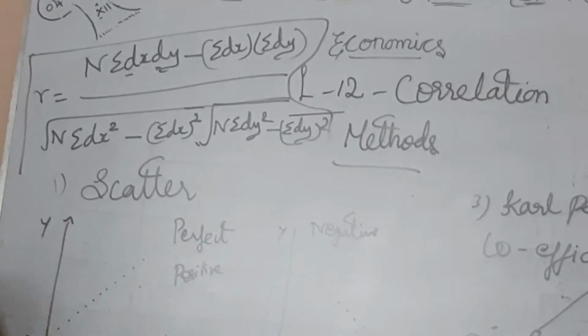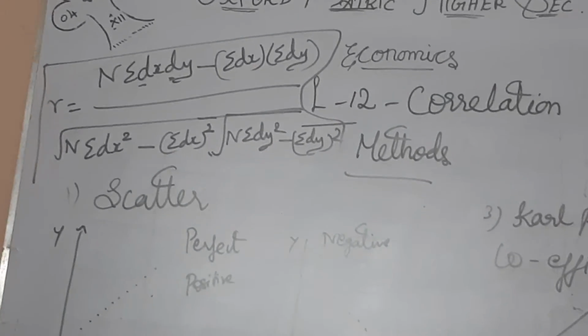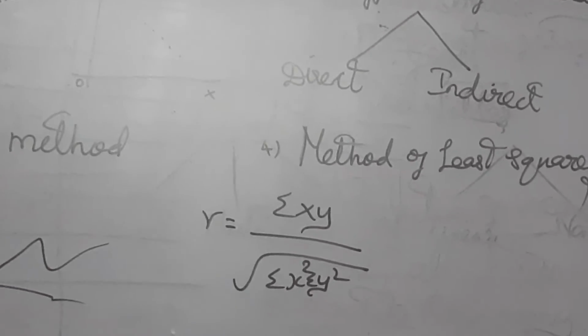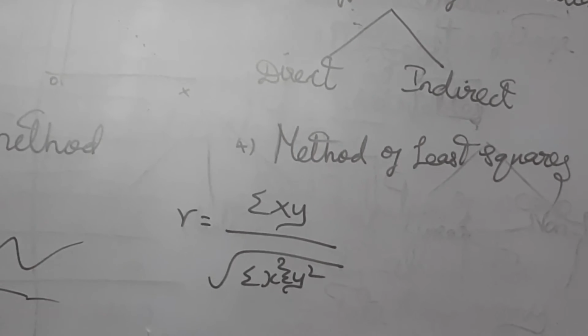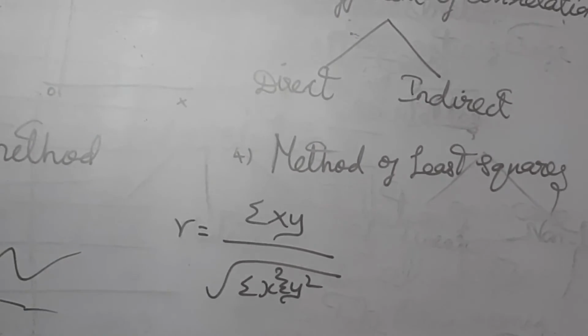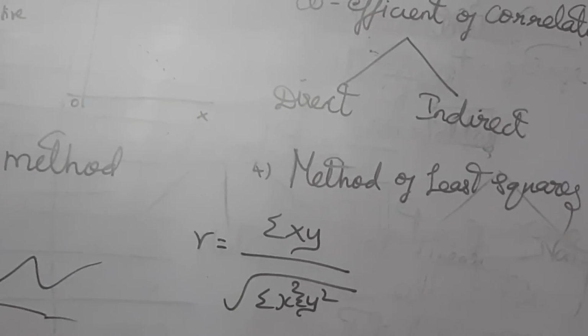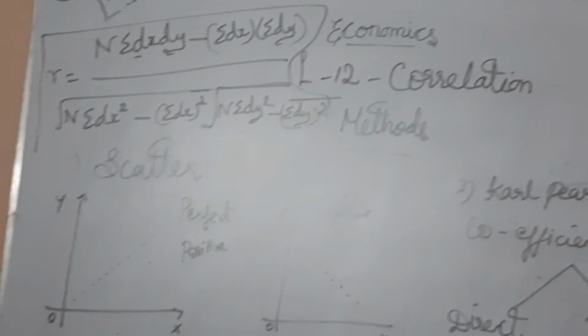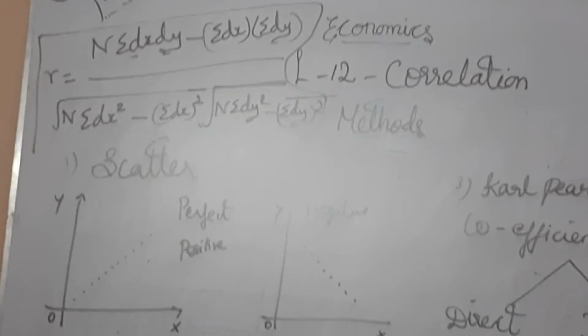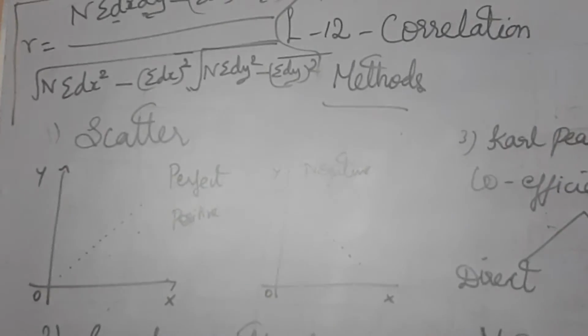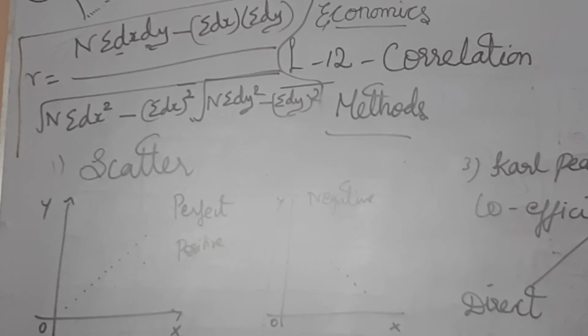Through the actual mean we are calculating the coefficient of correlation in the direct method itself. This one we are calculating from the assumed mean. Already I told you, in the assumed mean we will definitely find the d. I told you x minus x bar will come.